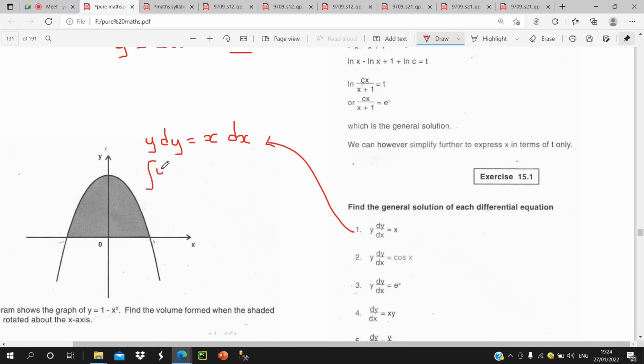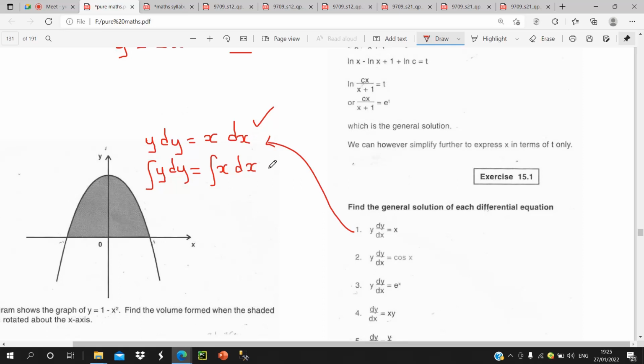So we move on to the next stage, where you are now integrating: the integral of y dy, integrating y with respect to y, is equal to the integral of x dx. You have to indicate this stage, because it is our stage 1 for separating.